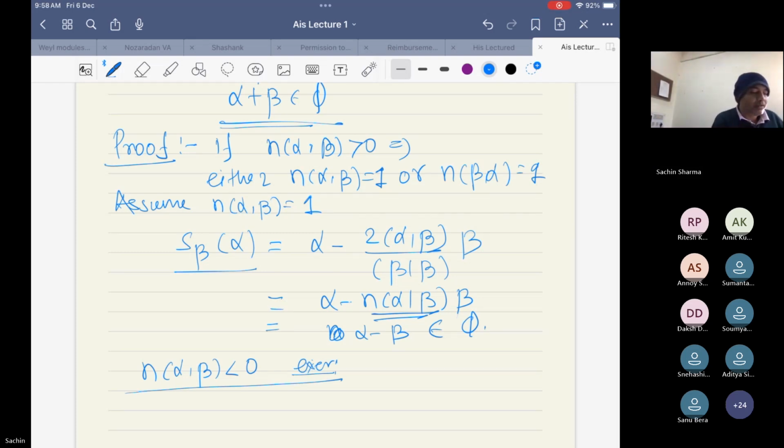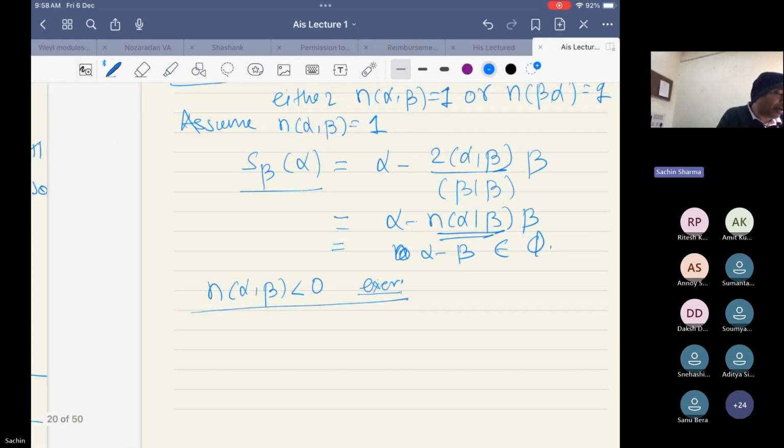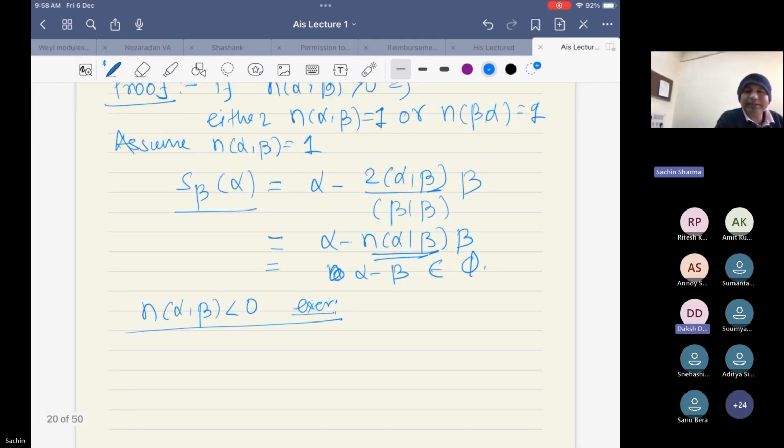So we have a very nice corollary of the table. Sir, I have a question. Please. Sir, are we assuming that alpha and beta are distinct? Otherwise, we'll just get 0. Of course, we are assuming alpha and beta are distinct. I should mention that.